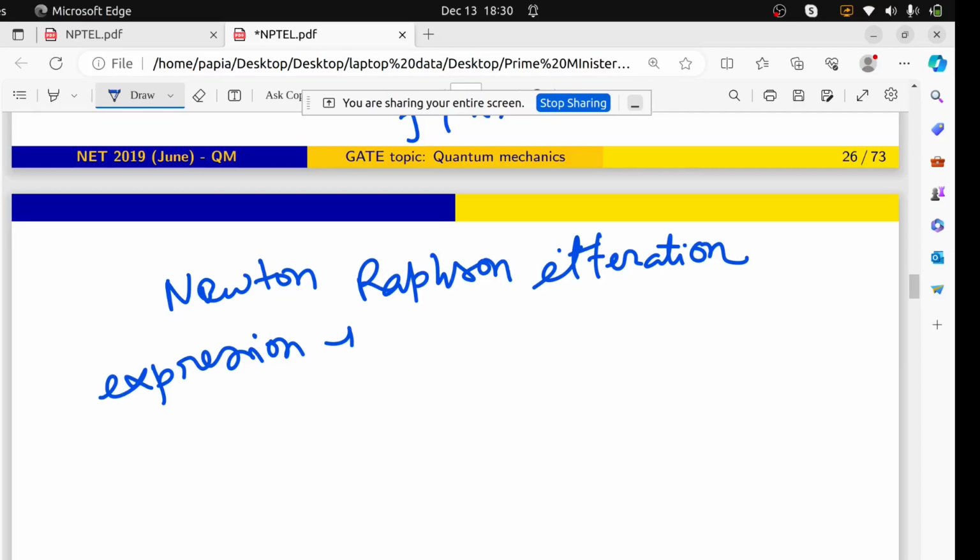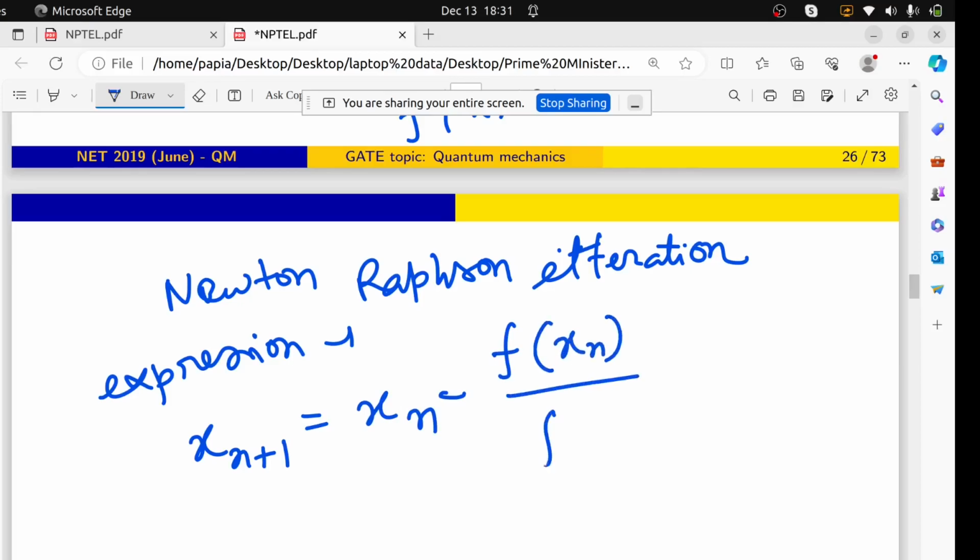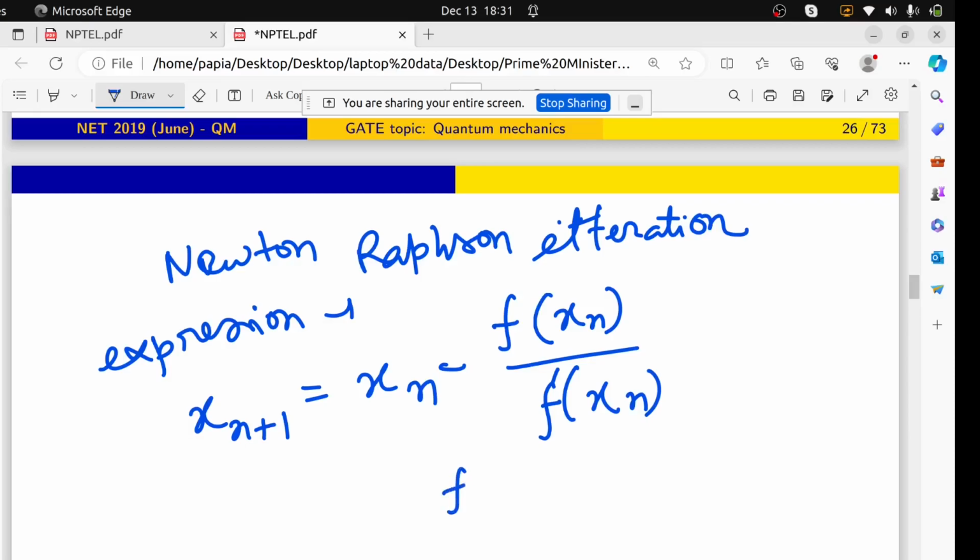Okay, fine. I am going to tell you. x n plus 1 equals x n minus f of x n divided by f prime of x n, and the condition was also there, that f prime of x n should not be equal to 0.